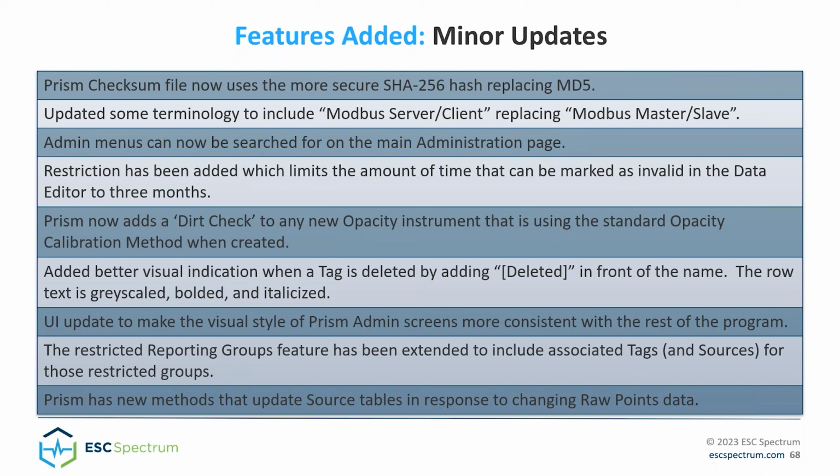And then finally, the sources table update. When changing the raw points data, we have new methods that update the source tables so that when there is a raw point data change, the source tables are modified along with that.